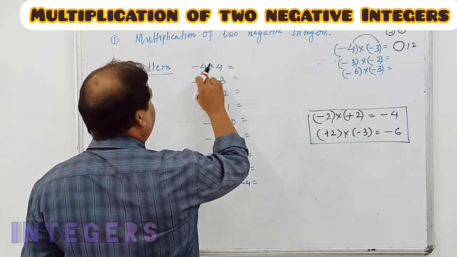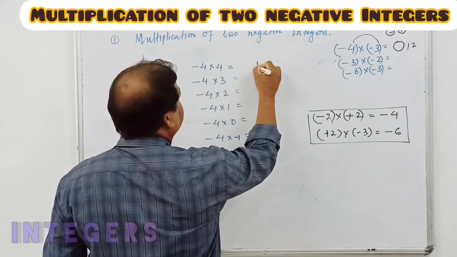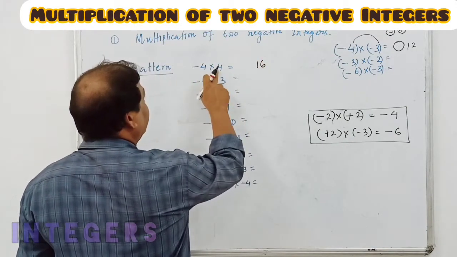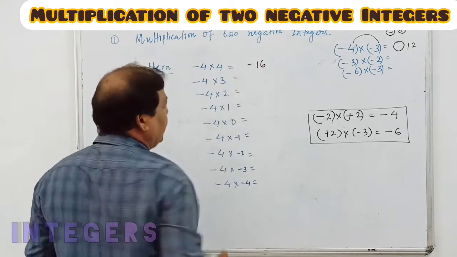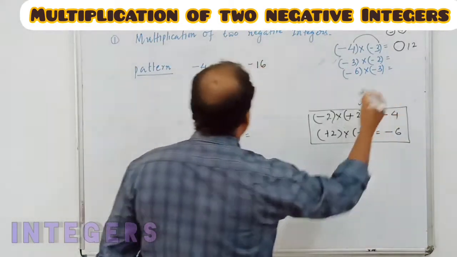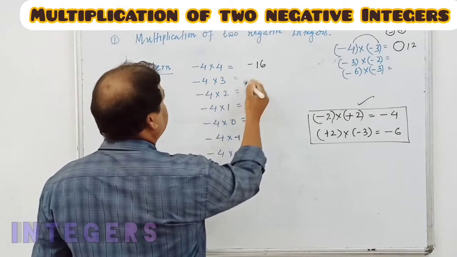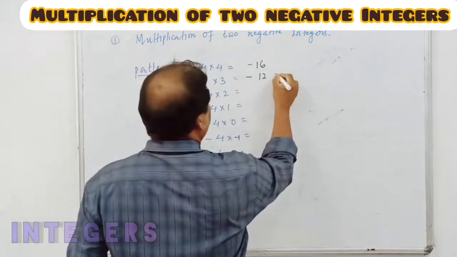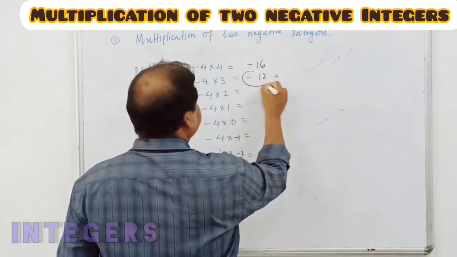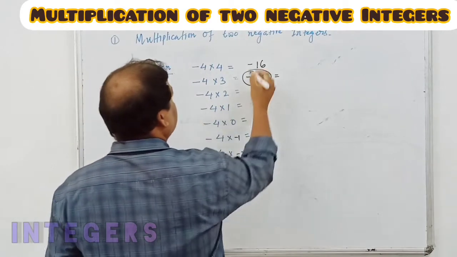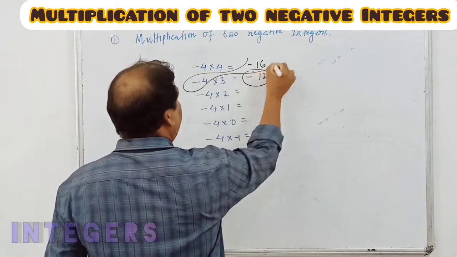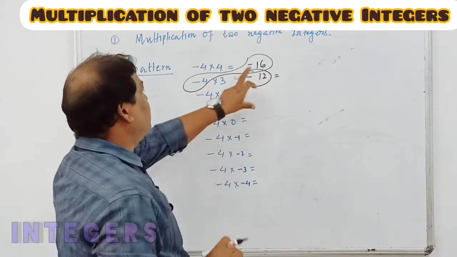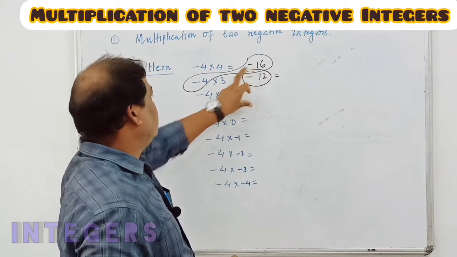You have to multiply: 4 times 4 is 16, with a negative integer and a positive integer, so the result is negative, as we did in the previous section. Minus 4 times 3 is 12, so minus 12. Let us see how minus 12 comes. You subtract minus 4 from minus 16.